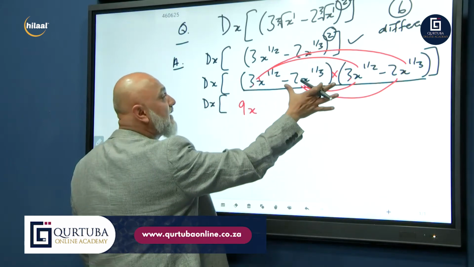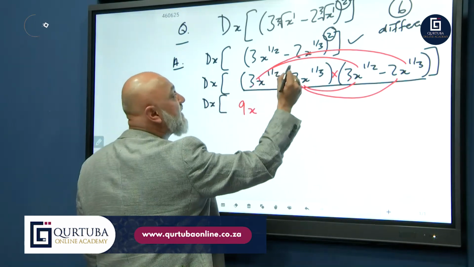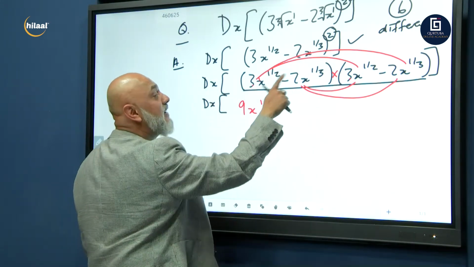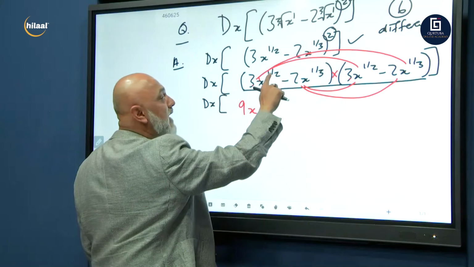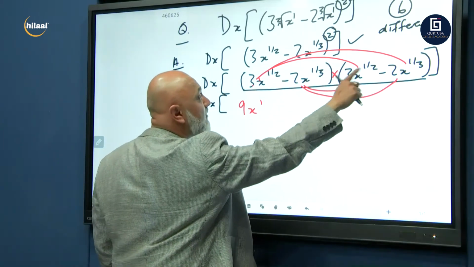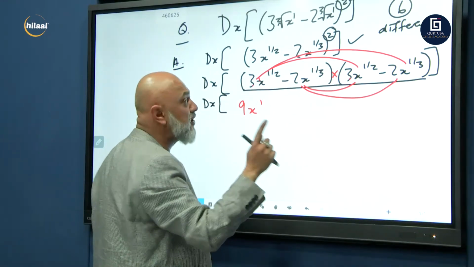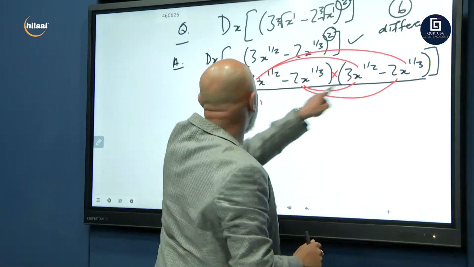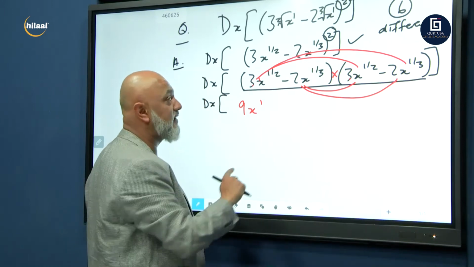X. When you're multiplying and bases are the same, we add the powers. So a half plus a half is 1. Remember, we're not saying a half times a half. Although we're multiplying, by our rules of exponents, when you multiply and bases are the same, you add the powers. So half plus a half is 1. That's your first term.